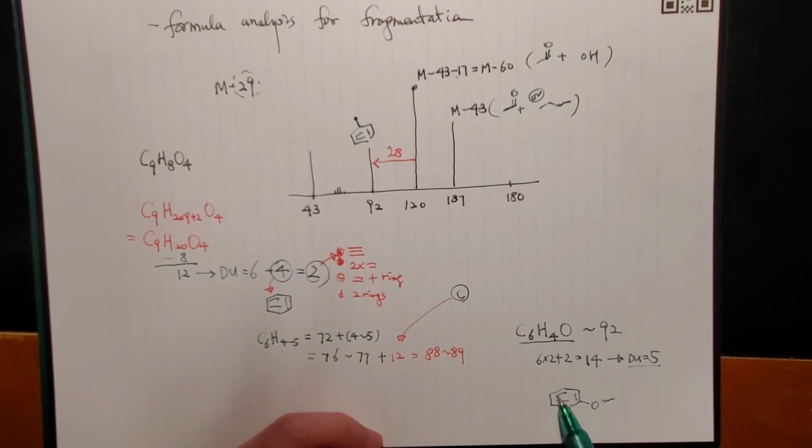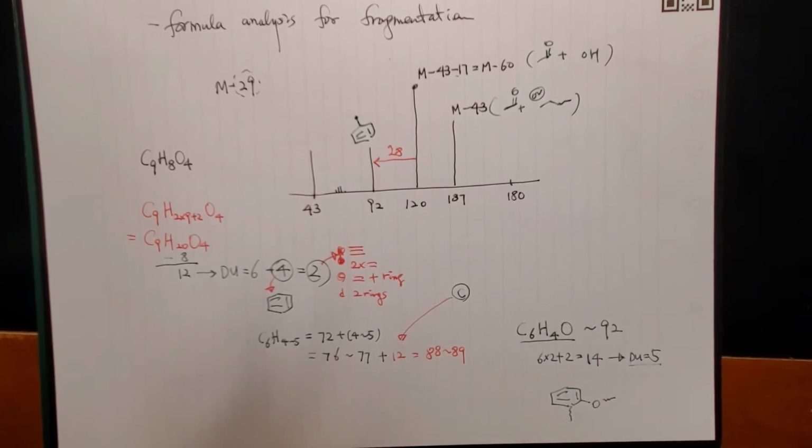So 2 hydrogen, 4, 6, 8, 10 hydrogens lost. So that makes sense. This means that you have something attached on the oxygen and some other group attached on the ring, and it could be anywhere. We have no idea where, but you have 1 more attachment, leaving only 4 hydrogens. And out of 6, you have 2 attachments total, so 4, and that also makes up 92.